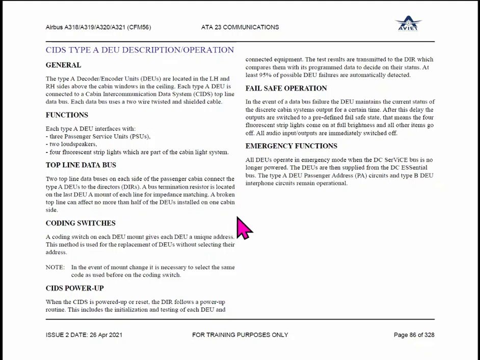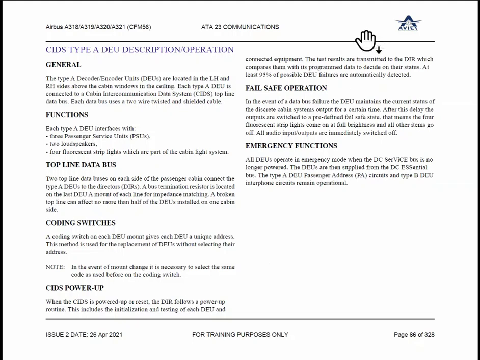If the communication line is broken, it will not make more than 25% of the DUs unserviceable on each side, meaning 50% on each side, 25% overall. The coding switch will come because every DUA is known by a unique address. How to give the address, we will see that.